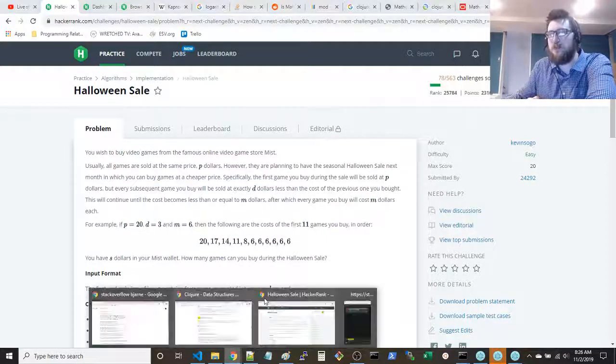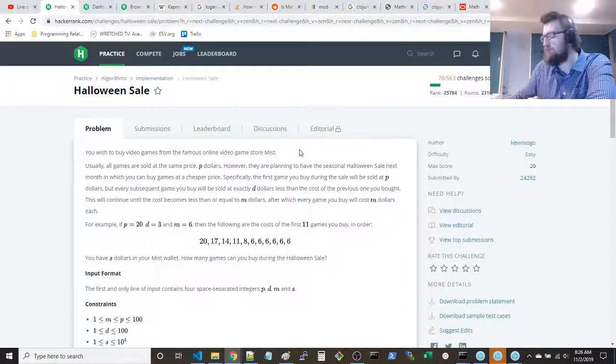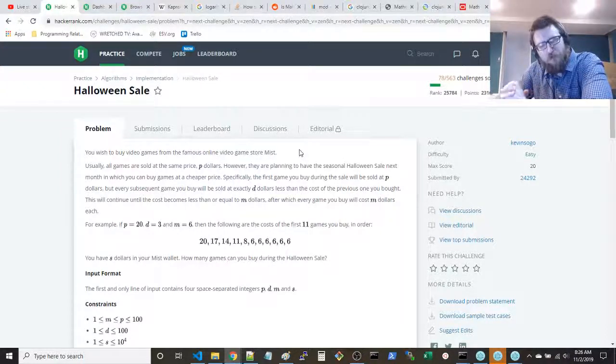This is like a linear... what do they call that? It's actually two sequences combined, right? Up to a certain point it's a constant difference sequence, and after that point it's a constant sequence. I'm not sure what the name of it is exactly, but it's an interesting thing.